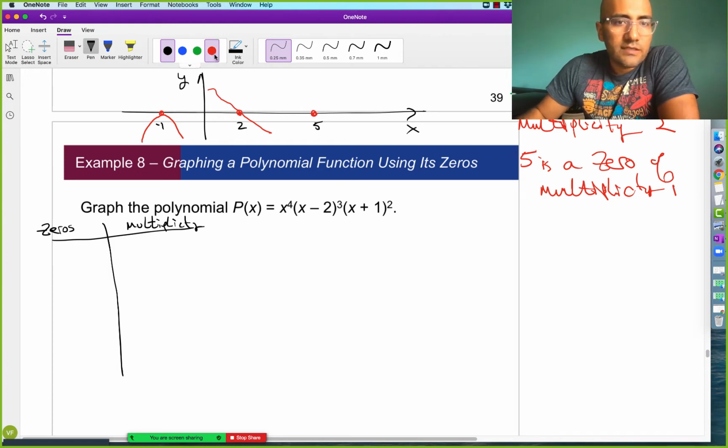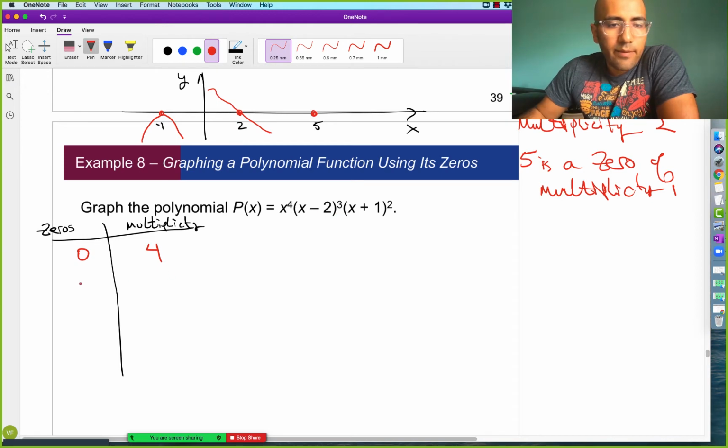So of course, 0 is going to be one of the zeros because of this 0, and it's got multiplicity 4, and then +2 is another 0, and it's got multiplicity 3, and -1 is another 0, and it's got multiplicity 2.